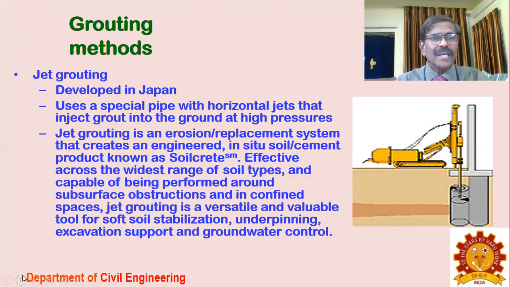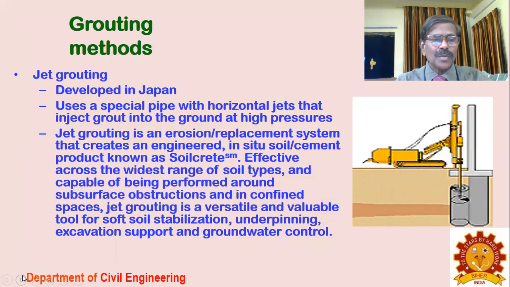Developed in Japan, they use a special pipe with a horizontal jet that injects the grout into the ground at high pressure. Jet grouting is an erosion replacement system that creates an engineered in-situ cement product known as soilcrete. It is effective across the widest range of soil types and capable of being performed around subsurface substructures and confined spaces.